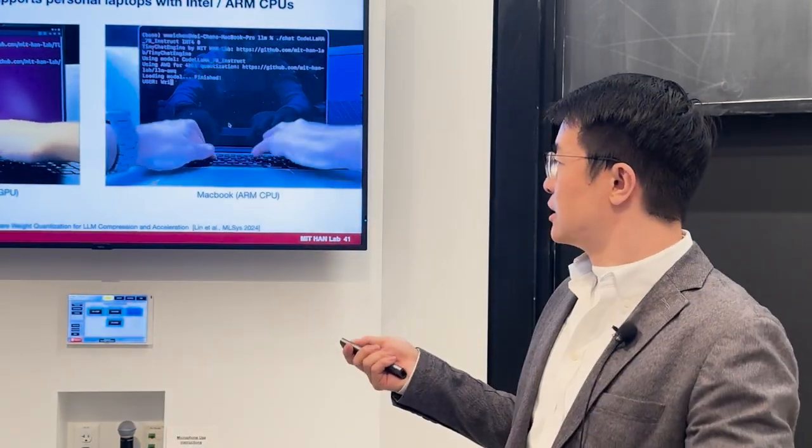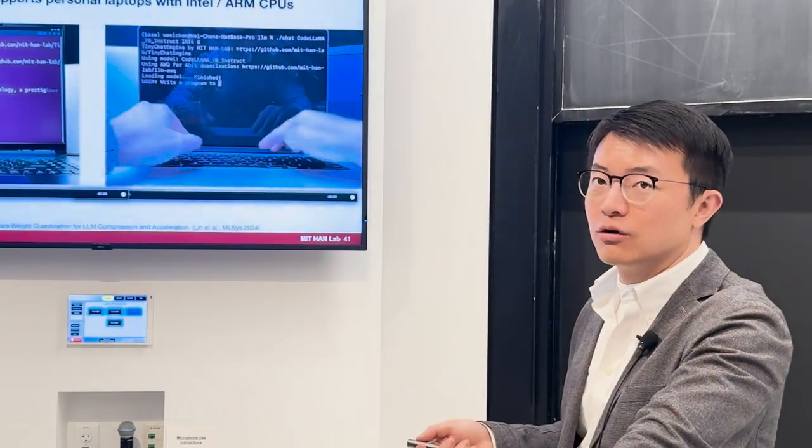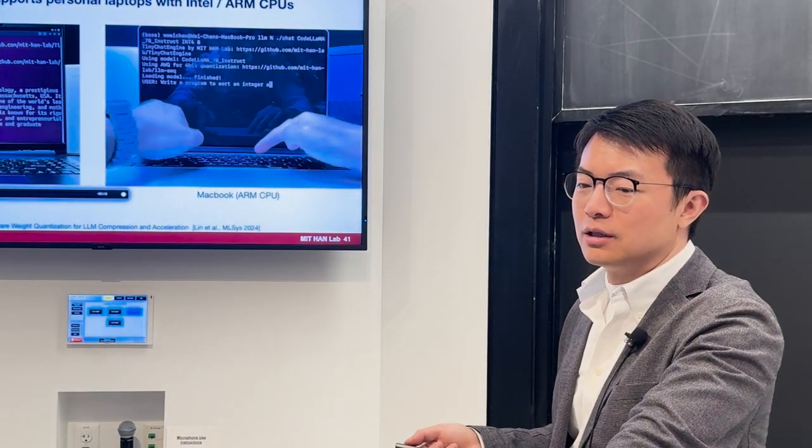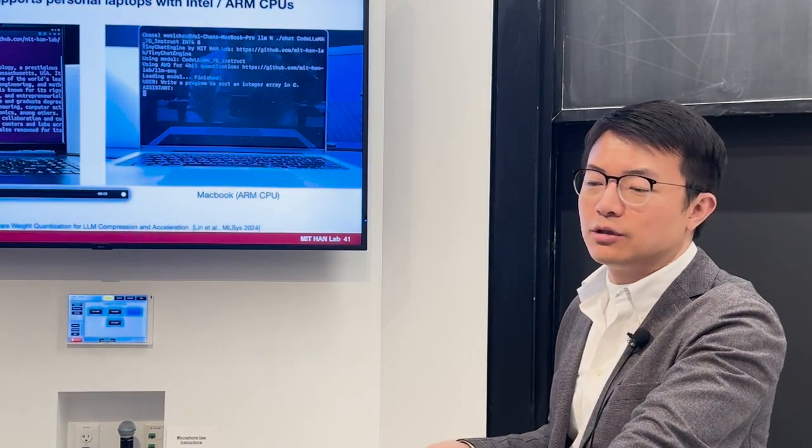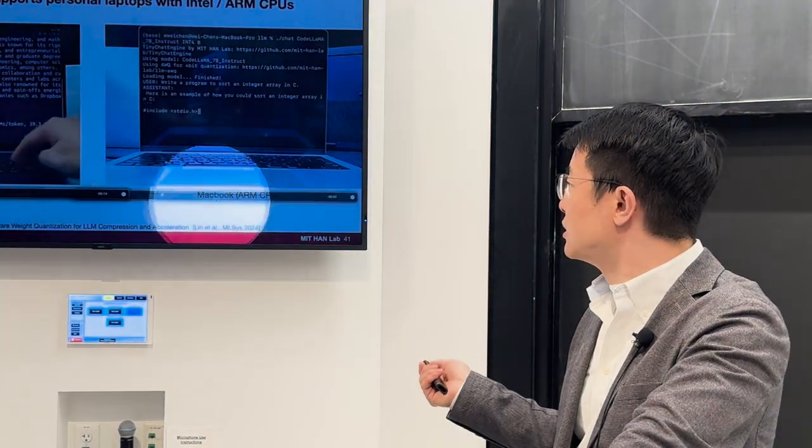Such mobile deployment can enable data privacy and security, even without the internet, and enable customization and personalization. And after lab 5, you are going to be able to bring home something like this: deploy a large language model on a laptop, either a CPU laptop, a GPU laptop, or a MacBook.